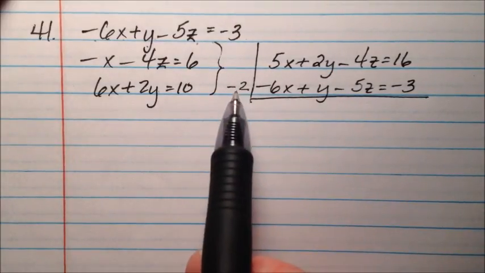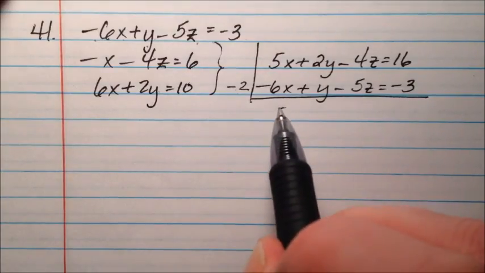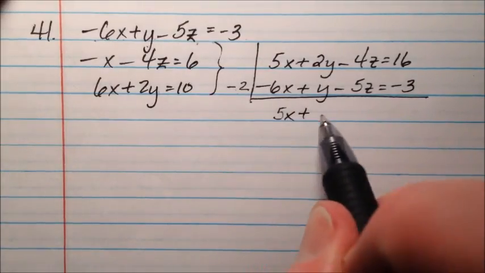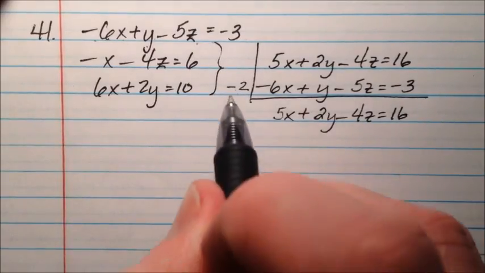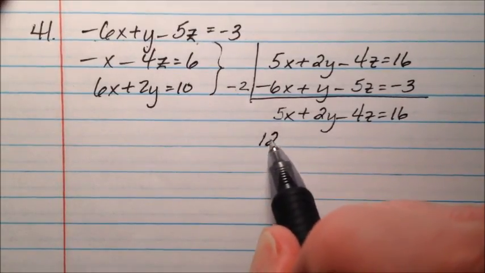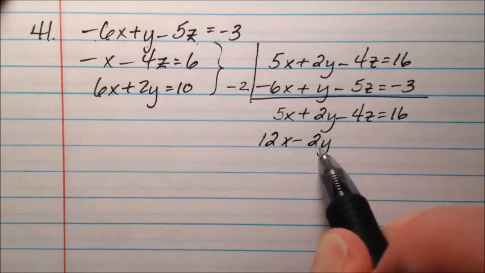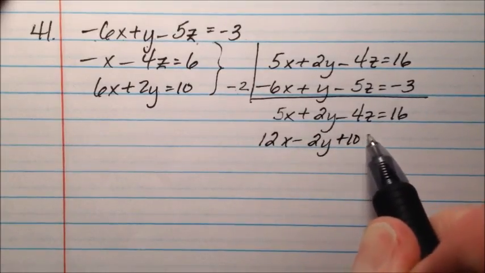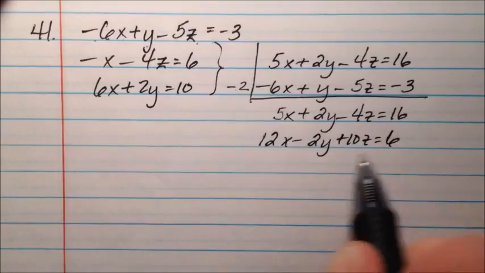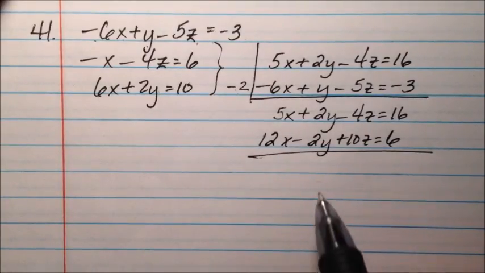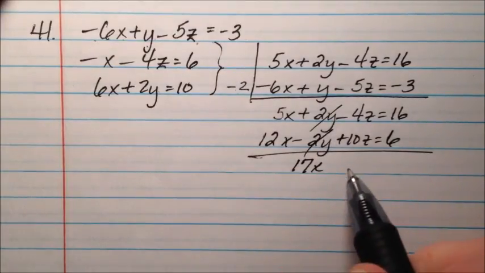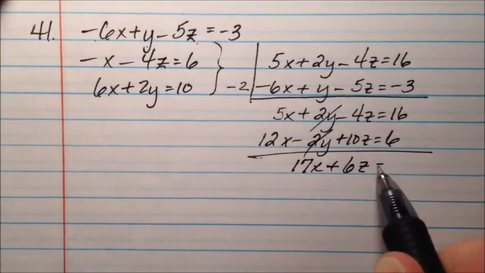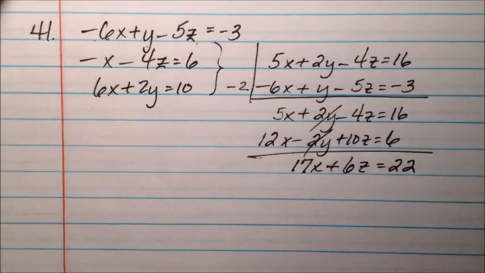So let's go ahead and multiply the second equation by 2. So I'll rewrite the first equation. Now I'll multiply the second equation by 2, so 12x minus 2y plus 10z equals what? Positive 6? So I'll end up with a 17x, my y's go away, plus 6z equals 22.